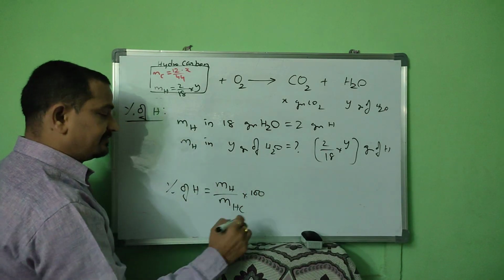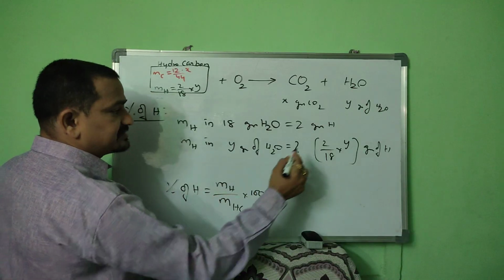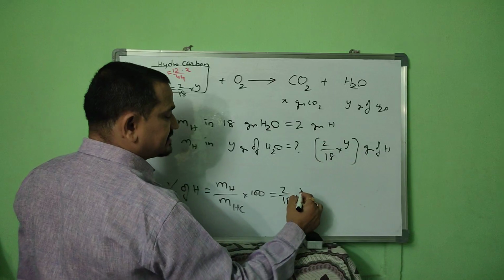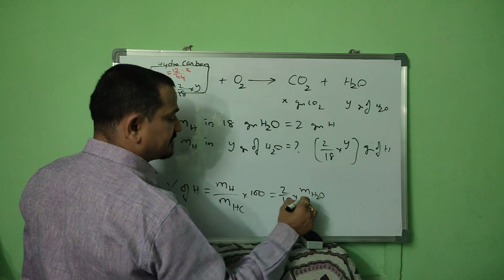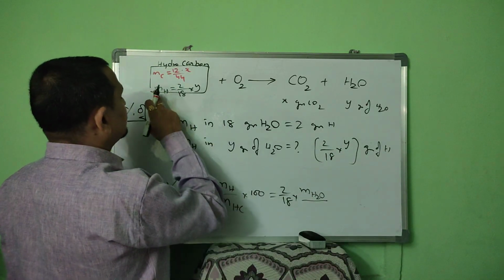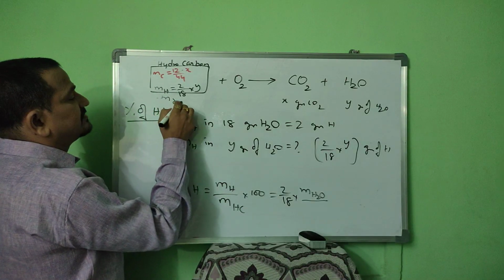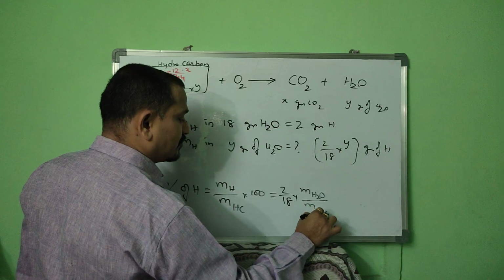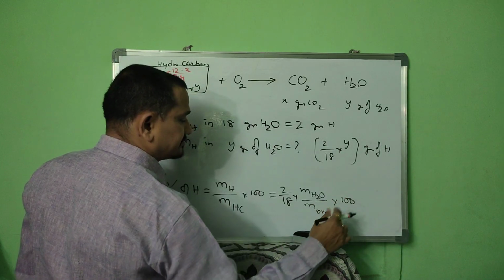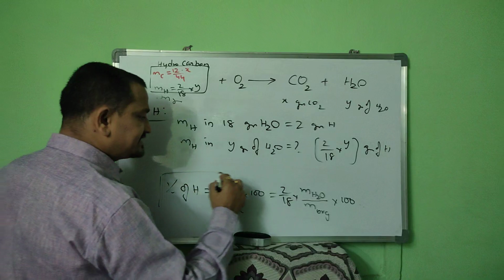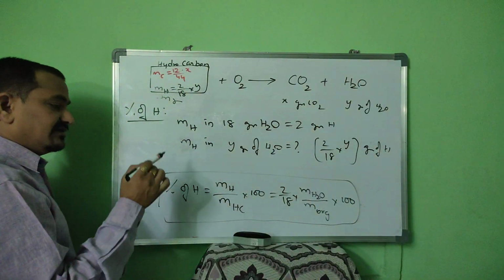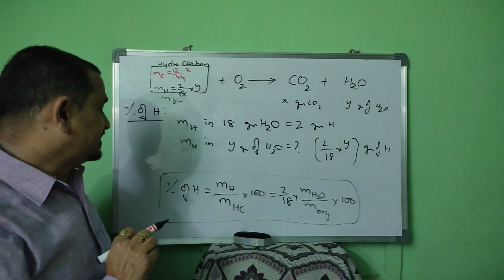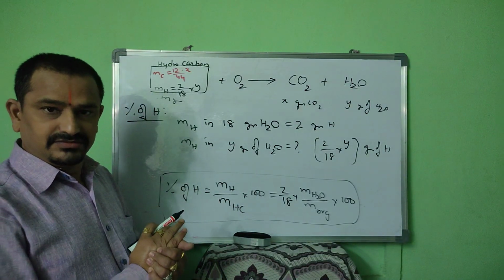What is the mass of hydrogen? 2 out of 18 into y, the mass of water vapor obtained in the experiment, out of the mass of hydrocarbon. What is the mass of hydrocarbon? m grams, given earlier. Mass of organic compound or hydrocarbon, whatever it is, into 100. This is the formula we have to use for the determination of percentage of hydrogen.